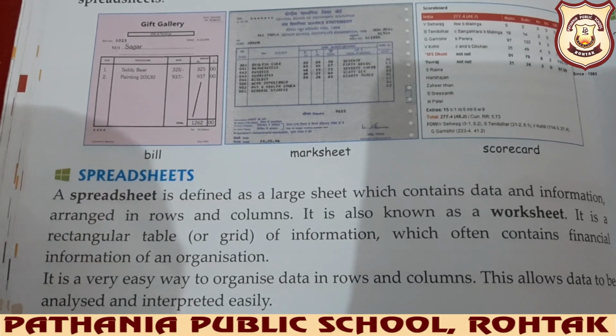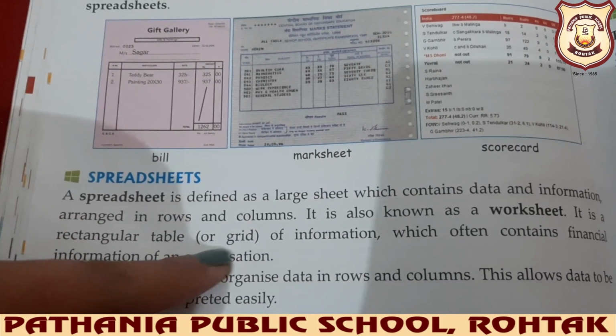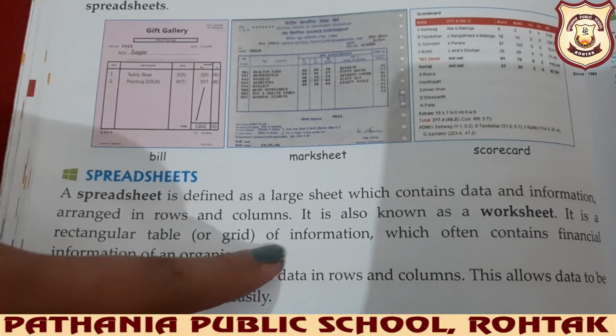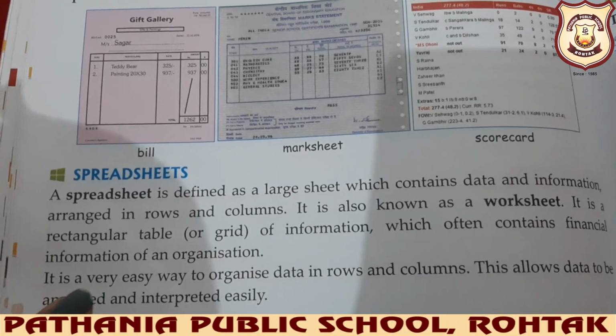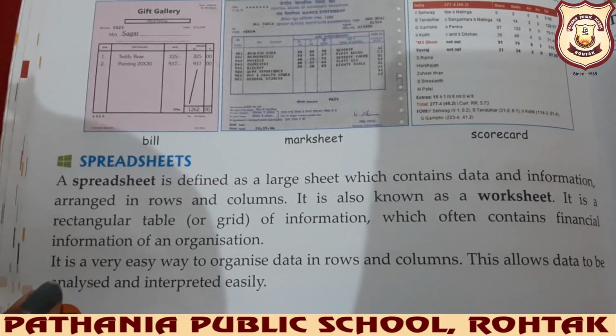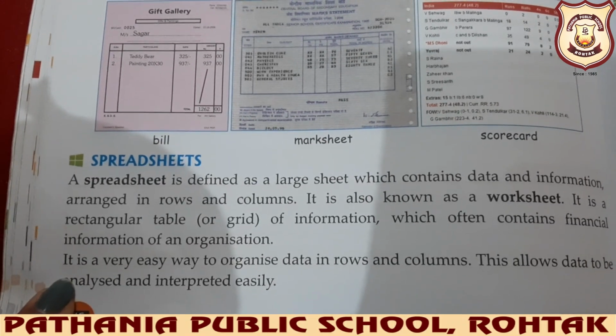It is also known as a worksheet. It is a rectangular table, or we can say a grid of information, which often contains the financial information of an organization. But it is the very easiest way to organize the data in the form of rows and columns.